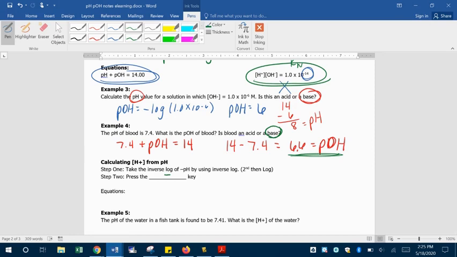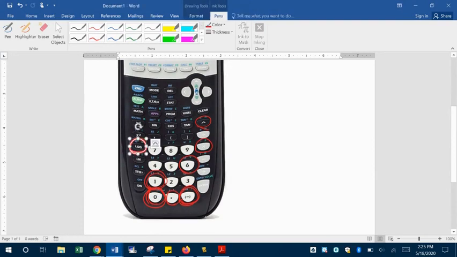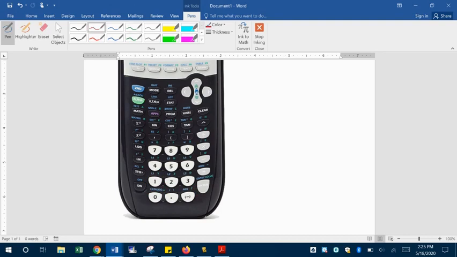So let me show you where those things are on the calculator. So on your calculator, you're going to hit first the second, and then you're going to hit the log, because if you notice above the log, it says in blue there 10 to the x, which is why we hit the second button.